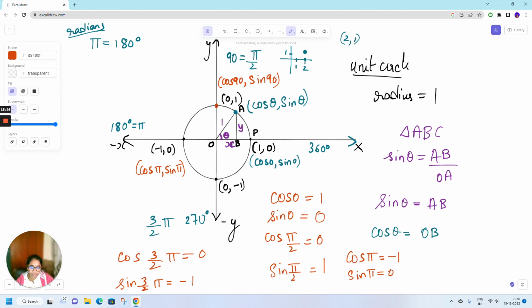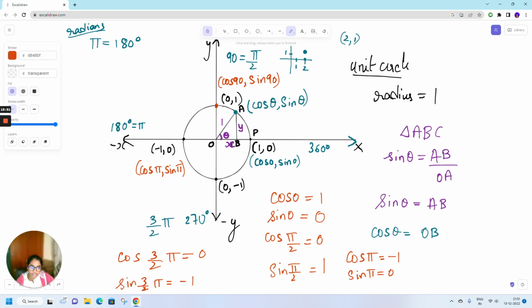So how did we start this? We took a unit circle. What do you mean by a unit circle? The radius of the circle at any point would be 1. So I took a radius OA, whose value is 1, and took the angle at O, that is theta.